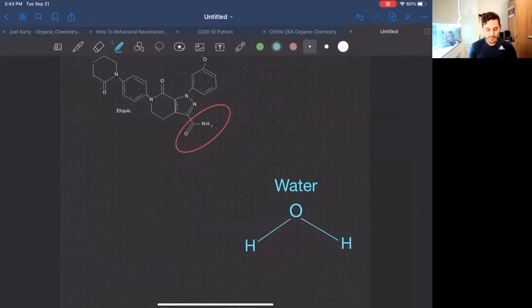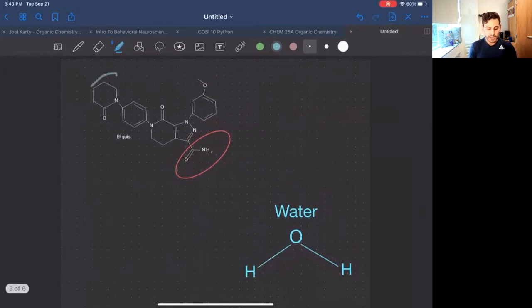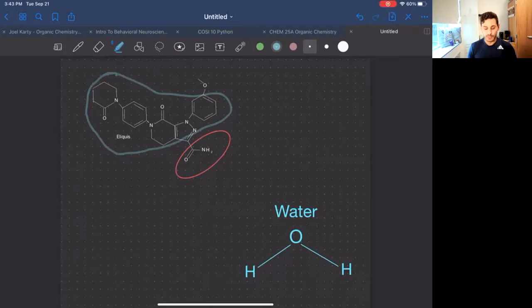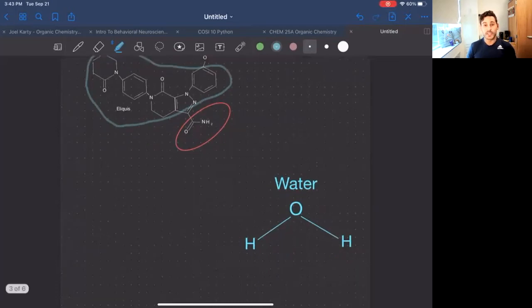And we have this entire chain of organic compound that water cannot really interact with. So water is a possible solvent, but it's not ideal because we don't get a good solution where Eliquis is completely dissolved.